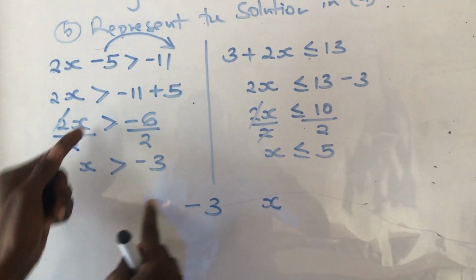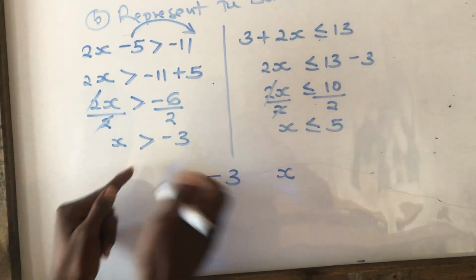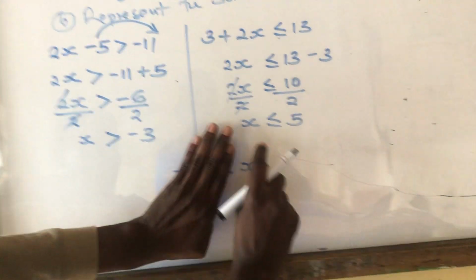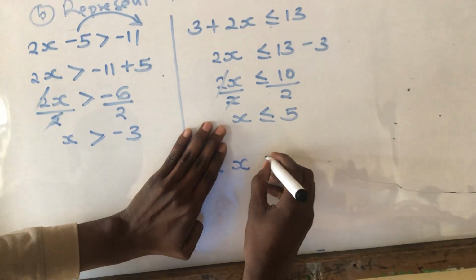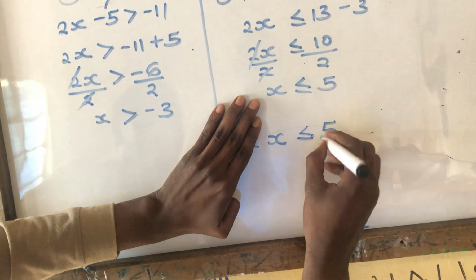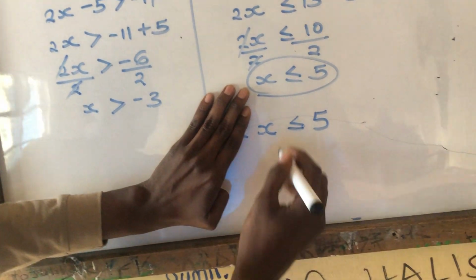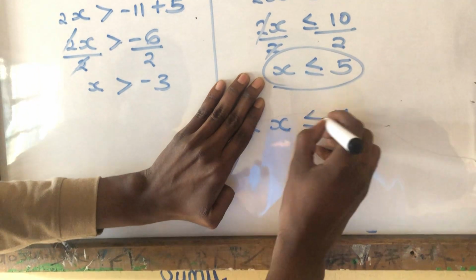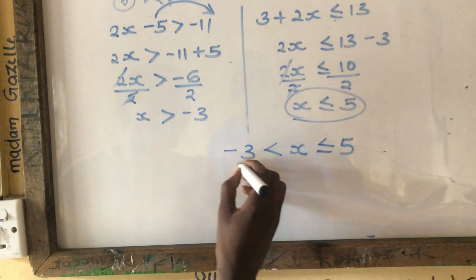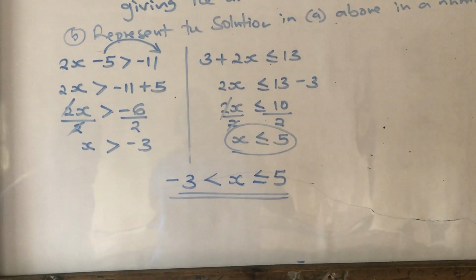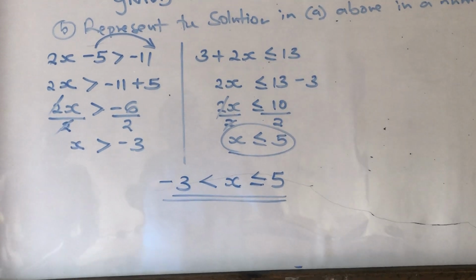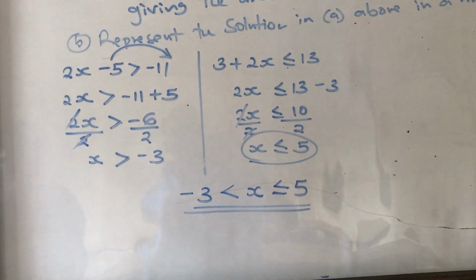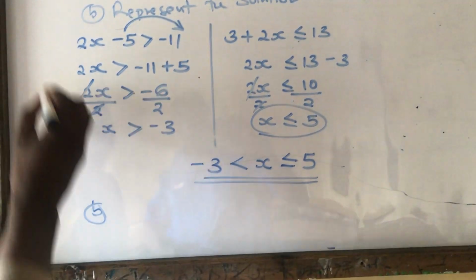When these two things are interchanged, the symbol should change as well. As for this other one, the same way it was here is the same way I have written it, so you don't have a reason to change the symbol. Now this is the combined inequality. That becomes our answer.